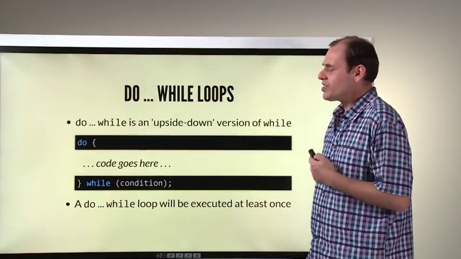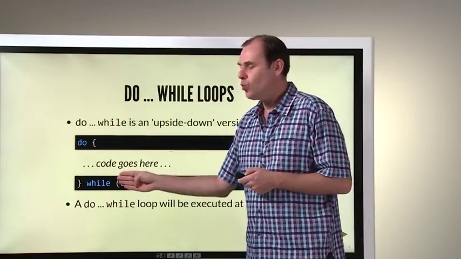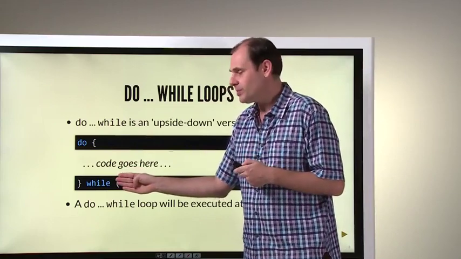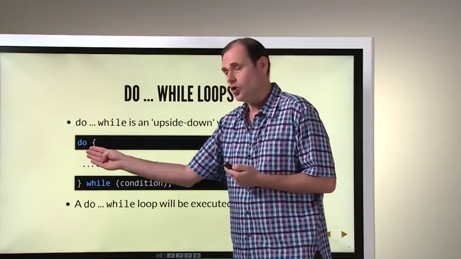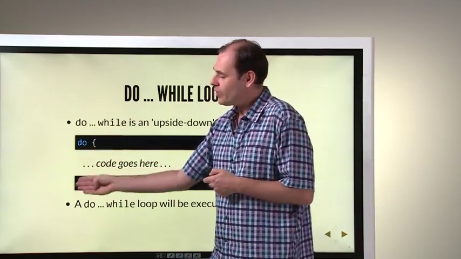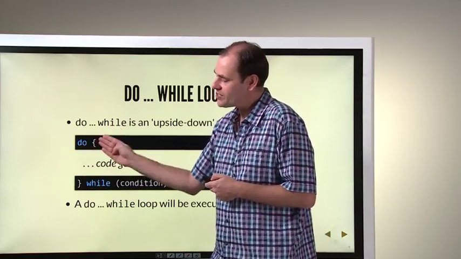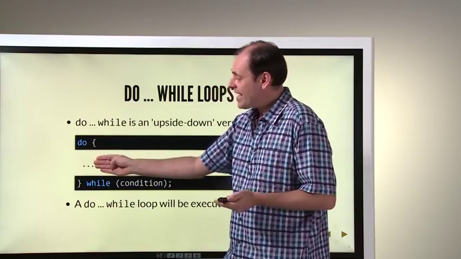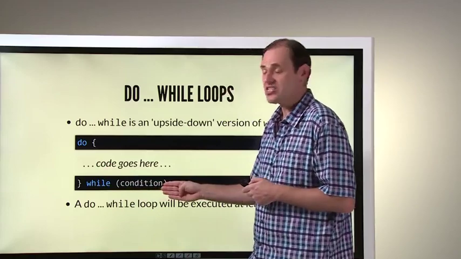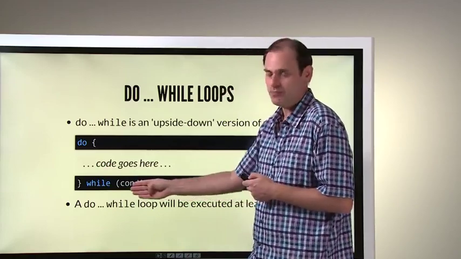The second type we're going to look at is do while. Very similar. It's the same word, while, but now we put do at the top. It will do whatever is inside those braces, that code, first. It will do it once, and then it will check, is something true? This part is the same.